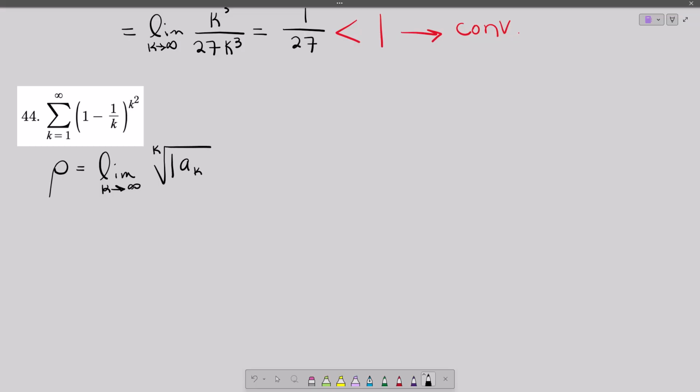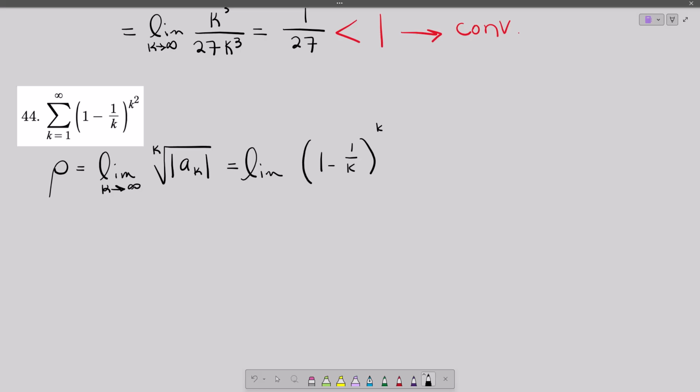So the root test says we're going to do that. And when we take the kth root here, we're up against the square, so we're going to take away one of the k's from that exponent. All right, we take the kth root.